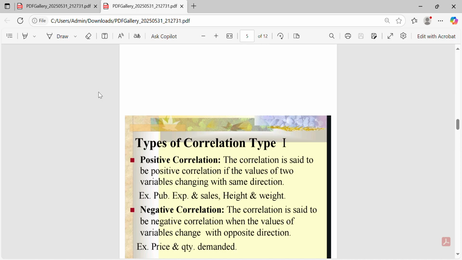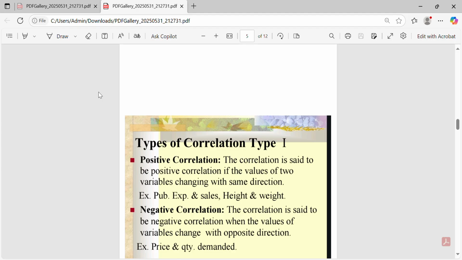Likewise, if x decreases and y also decreases, that is also positive correlation.